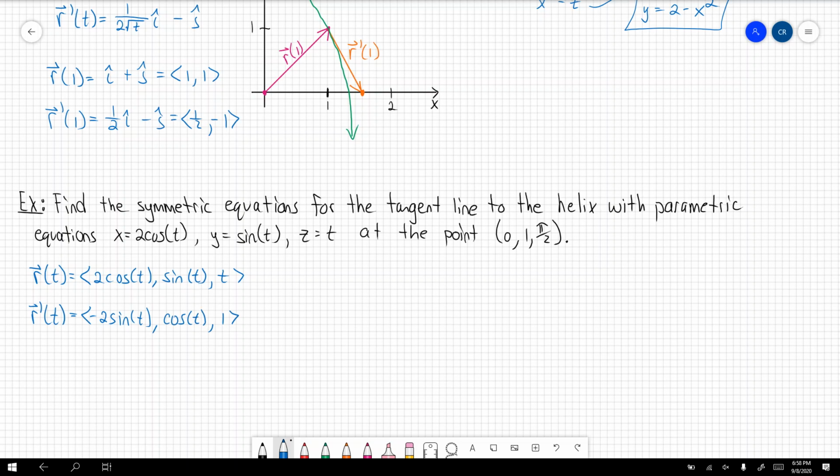Okay, now we want symmetric equations for the equation of a tangent line. So in order to find the equation of a line, we need two things. Number one, we need a point on the line. And number two, we're going to need a directional vector.